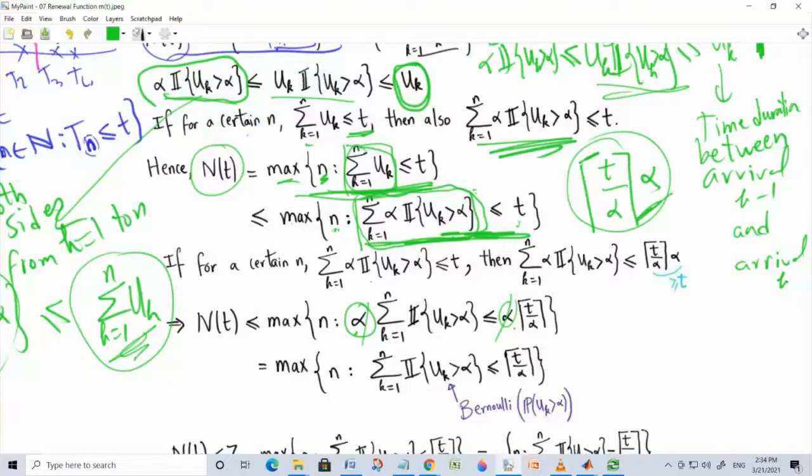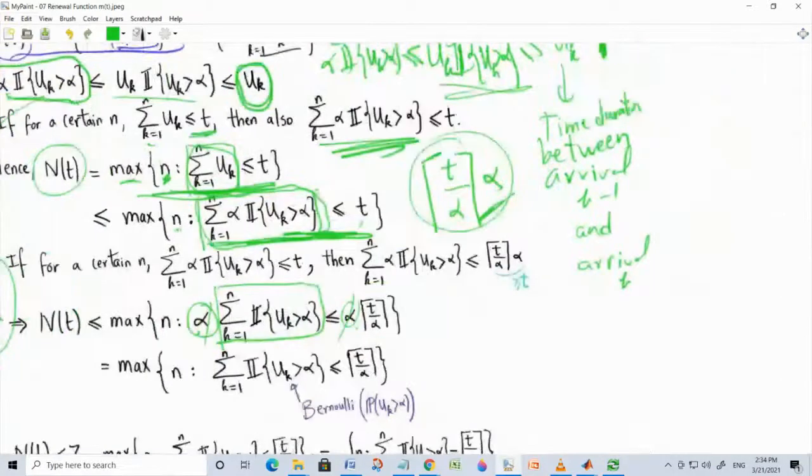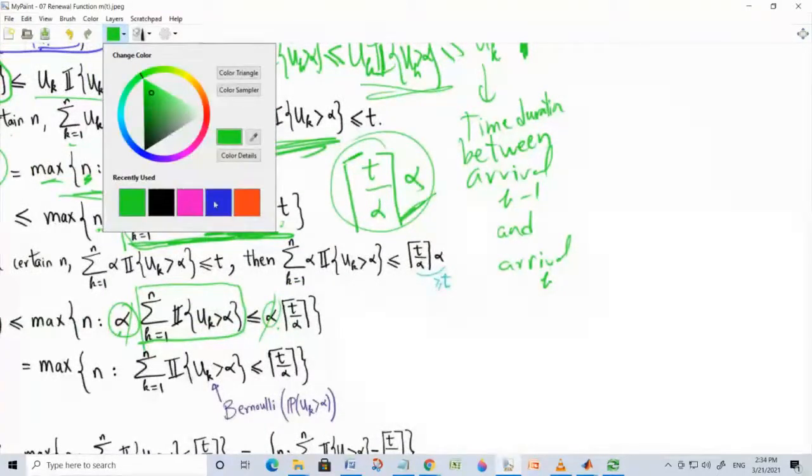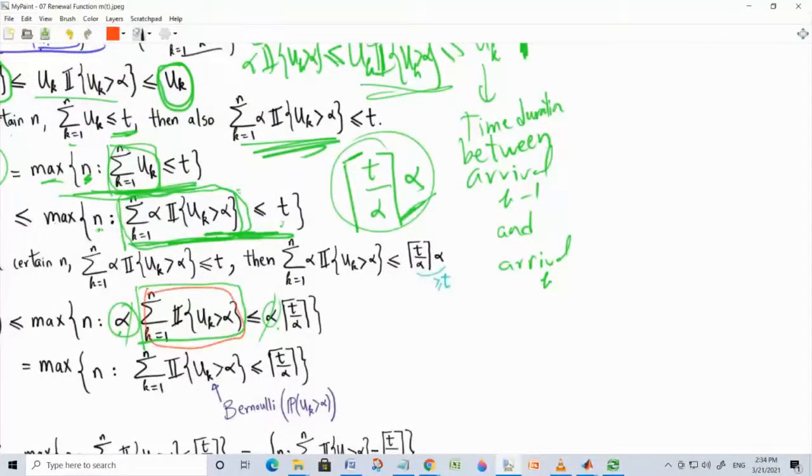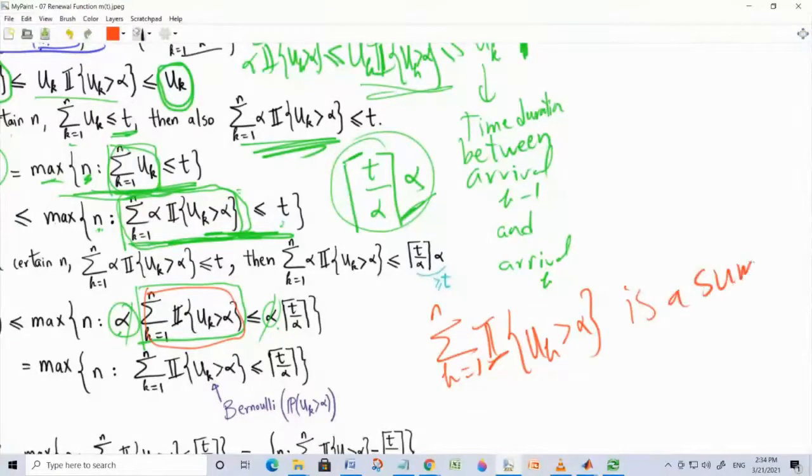Now if you eliminate it from both sides, we have a summation of indicators which are either 0 or 1, and then we have a ceiling function, which is an integer value. So again, what is the benefit of doing something like this? The benefit is that the summation for k from 1 to n of the indicator of uk greater than alpha is a sum of zeros and ones, depending on whether uk is greater than alpha or less than alpha.